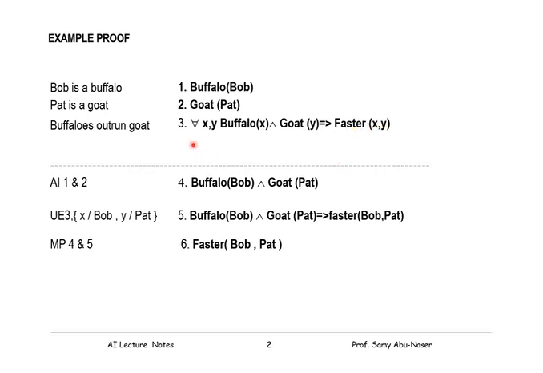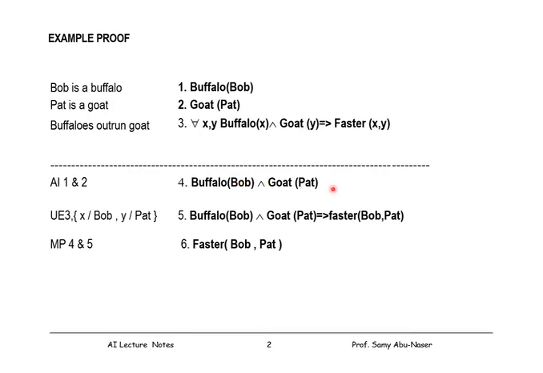Now let's see what we can conclude here. We can use the rules in the previous slide: and introduction, universal elimination, and modus ponens. Between the first sentence and the second one, we use and introduction to combine them in one sentence, so the fourth sentence becomes Buffalo(Bob) and Goat(Bet).